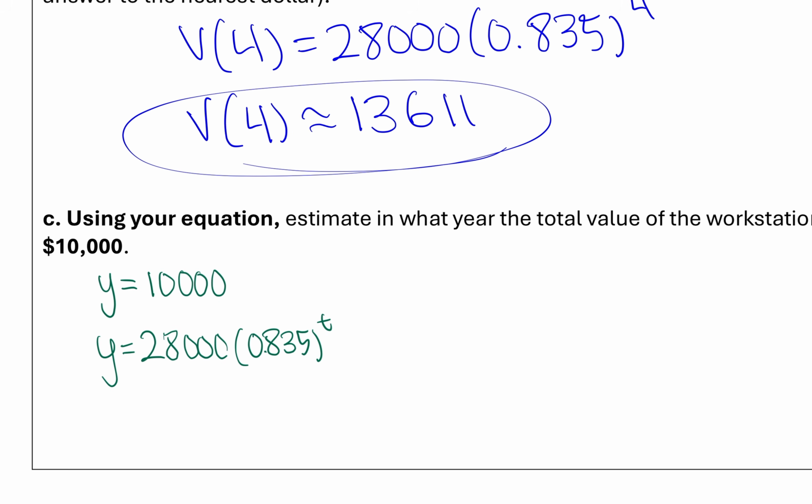And let's see if we type it into the calculator. It's going to be a very large number, so you do have to zoom out quite a bit. Okay, there we go.